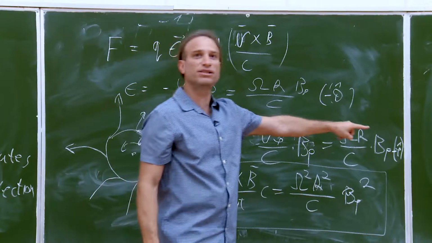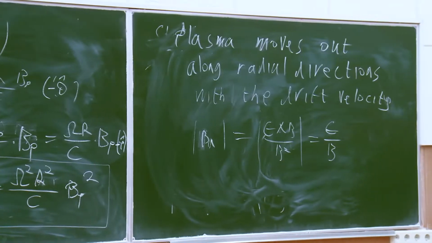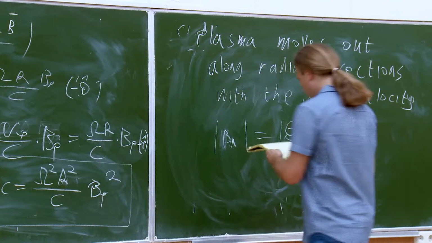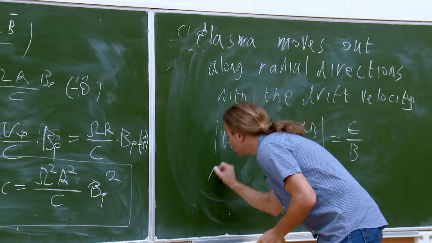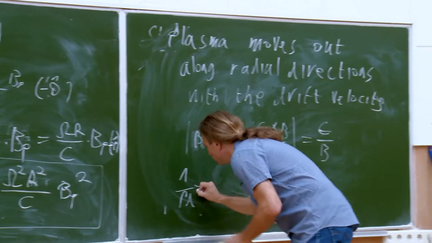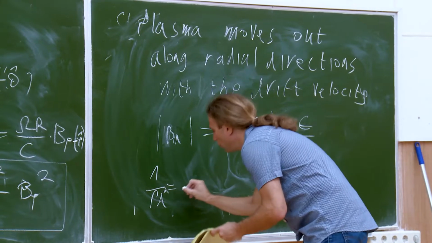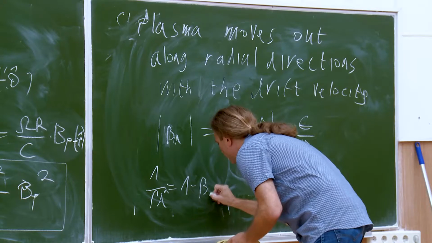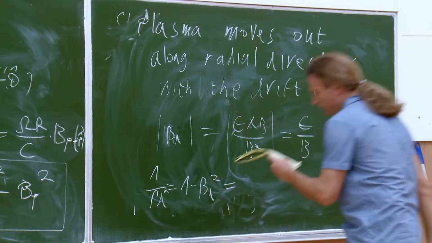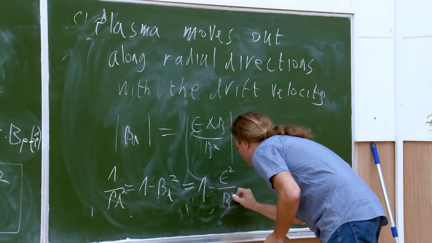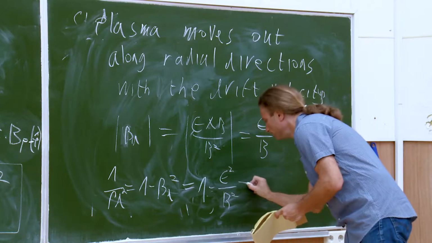So this is the drift velocity. Everything comes out from the black hole obeying this. It's moving with the drift velocity. Okay? So let's write 1 over gamma square drift, which is equal to 1 minus beta drift square. And this is equal to 1 minus E square divided by B square. Okay?